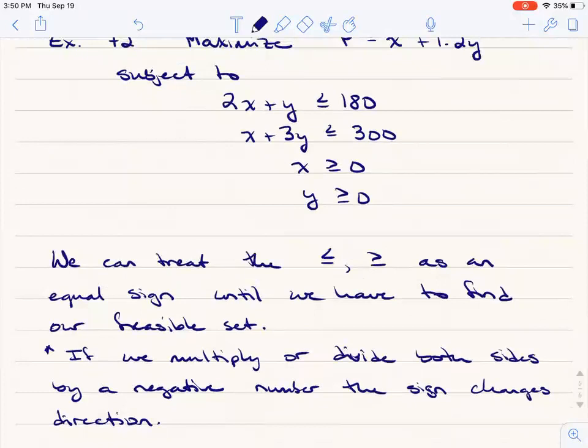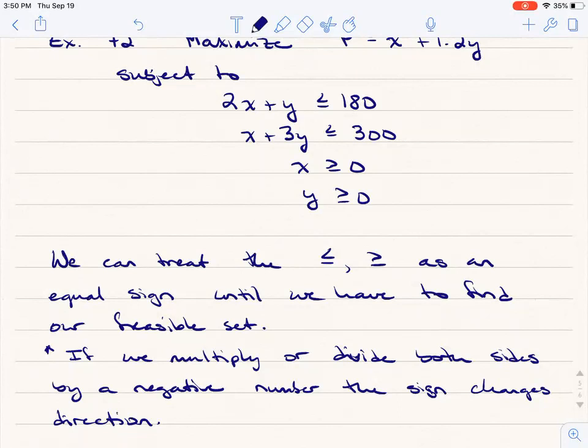So our first step is to draw these lines, and we recognize both of these are equations of lines. We just have to rework them a little bit to be in the form of y equals mx plus b. You could use them in that form too. I just like to have them in the same form, y equals mx plus b, so that I can see it's a straight line.